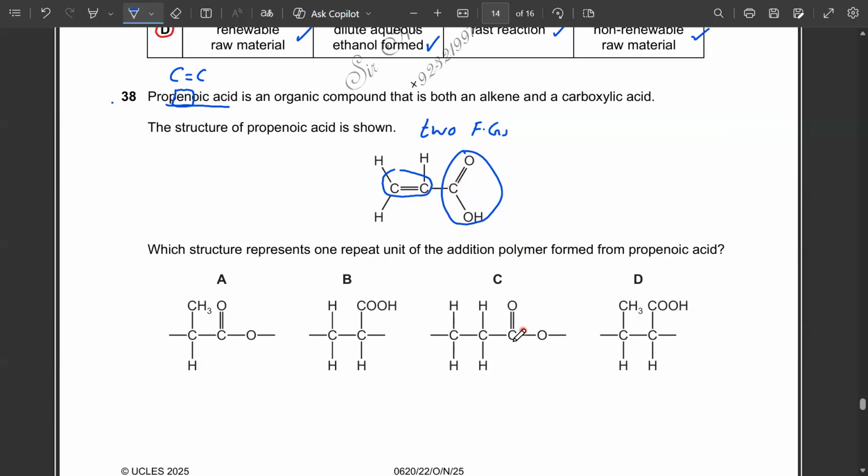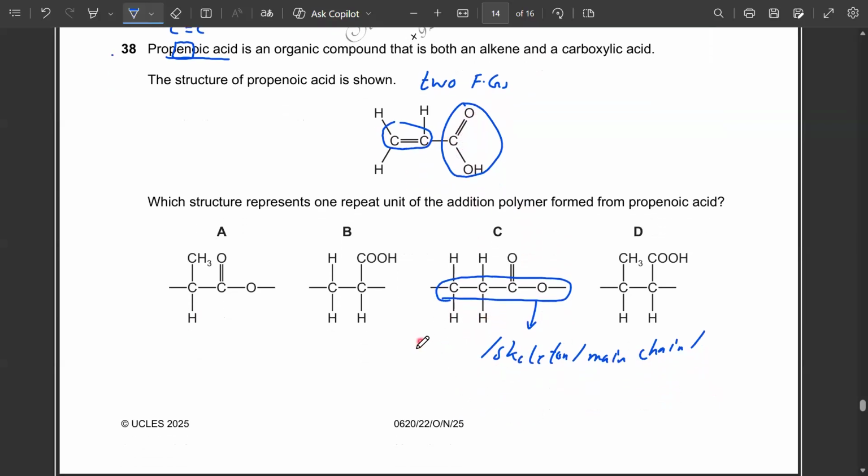The main chain is also called the backbone, skeleton, or straight chain. It cannot be there because only carbon forms the main chain. So that's why this is incorrect. Similarly, option A is incorrect, as it cannot be part of the main chain.